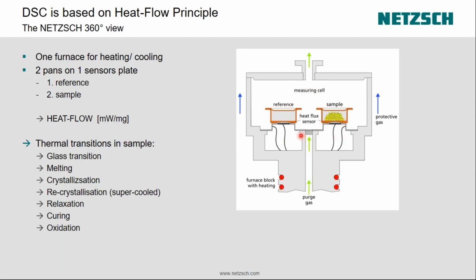The measuring cell comprises a sample section and a reference. Both the reference and the sample are within the same furnace, within the same cell. And the sample and the reference have crucibles. Some people also call them the sample pan, but here we will call it a crucible.